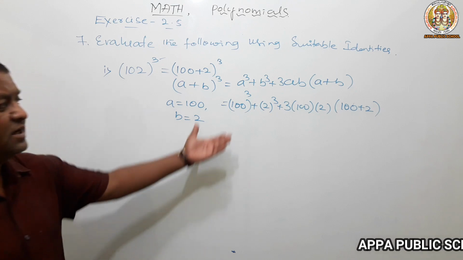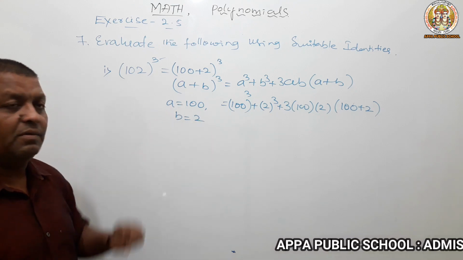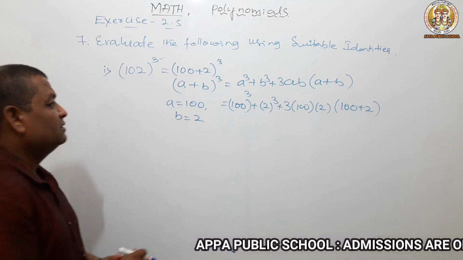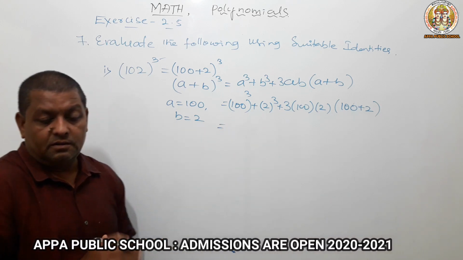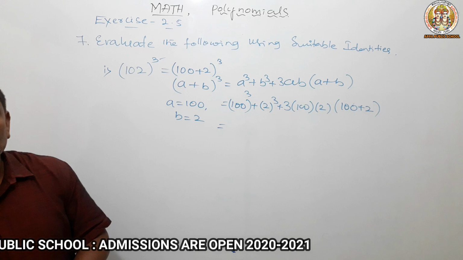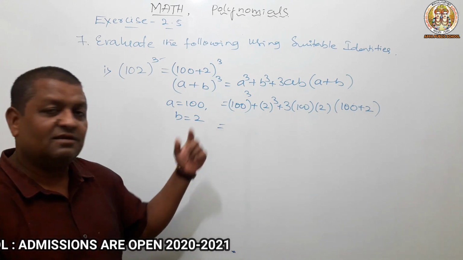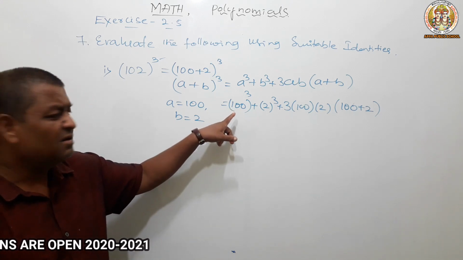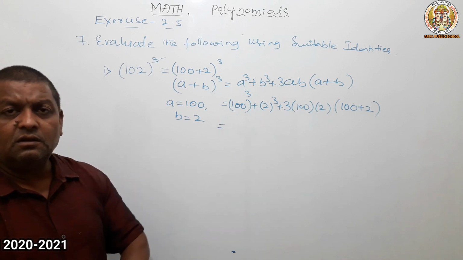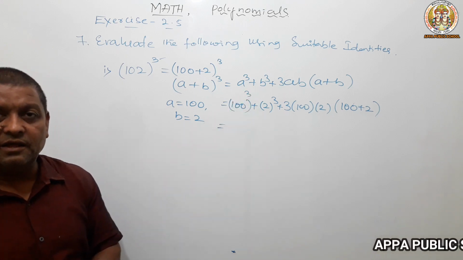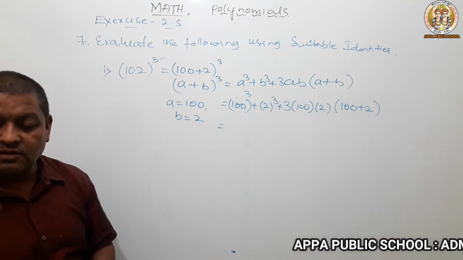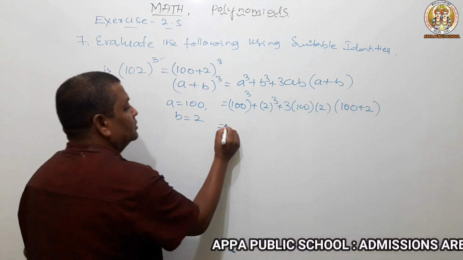So I just substituted the a and b values. Open the bracket. Here 100 into 100 into 100, no need to do big multiplication. Just I will give one method. How many zeros are there? 2 zeros. What is the exponent? 3. 2 3s are 6. Write that many zeros.